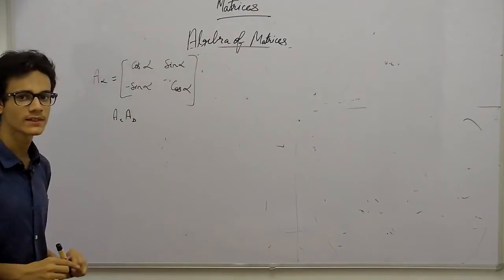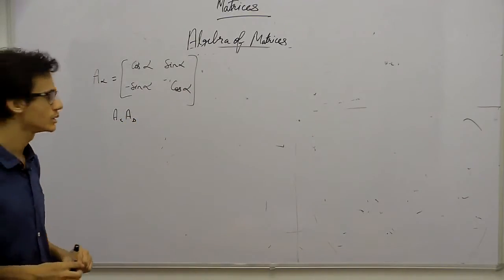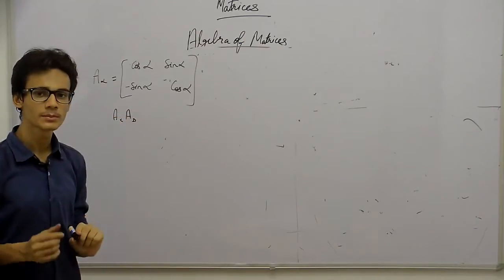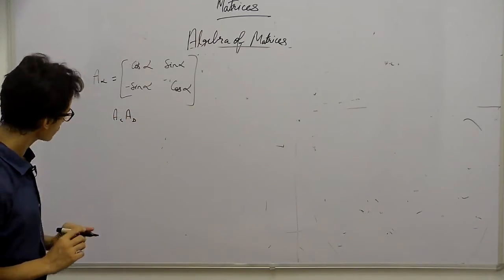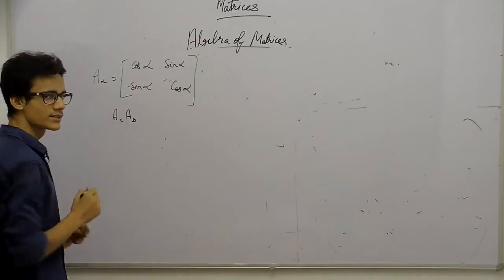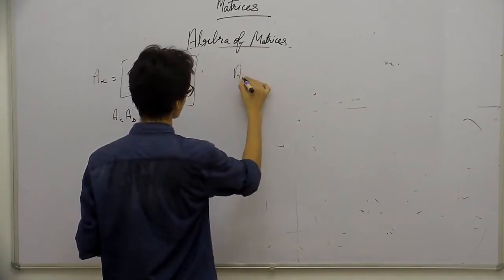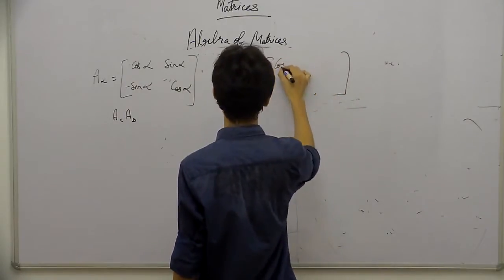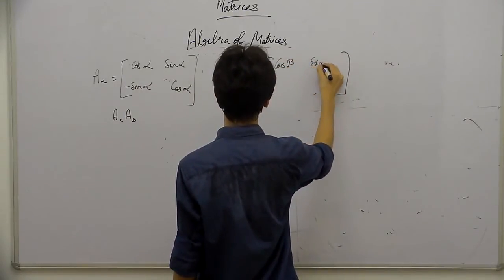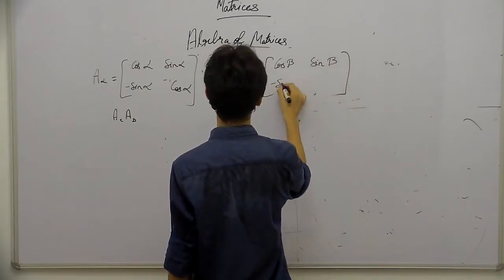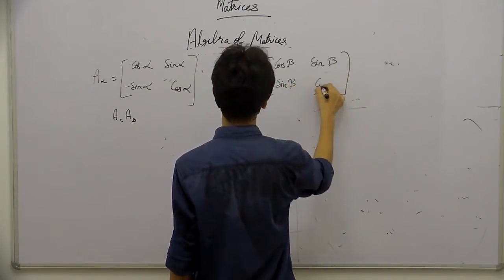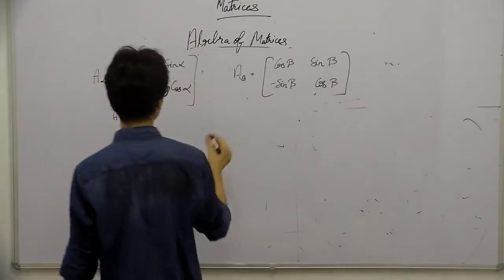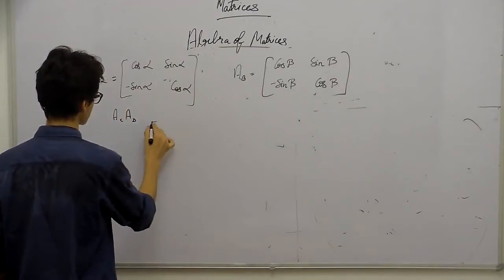What is A alpha into A beta equal to? We know A alpha. What is A beta? A beta is equal to cos beta, sin beta, minus sin beta, cos beta. So let's find A alpha into A beta.